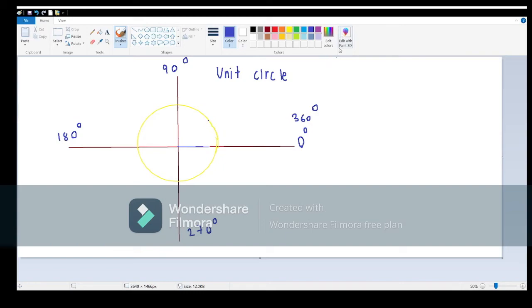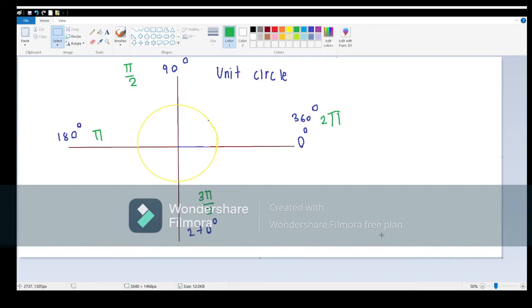So we need to know them in radians. So 90 degrees in radians is pi over 2, and 180 is equal to pi, and 3 pi over 2 is equal to 270 degrees, and 2 pi is 360 degrees.